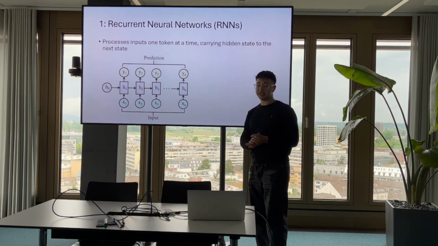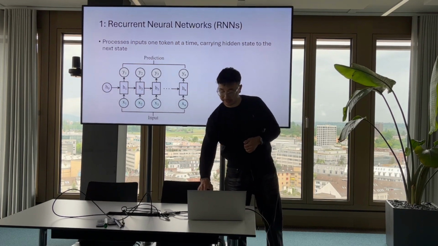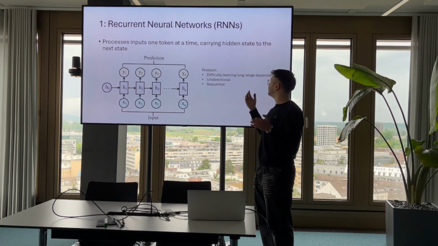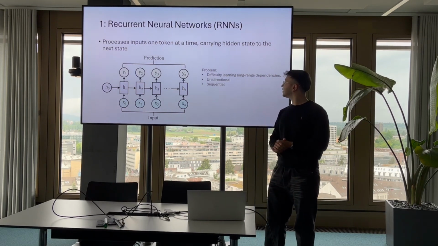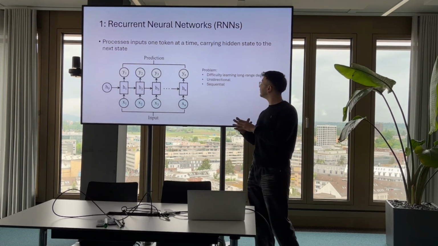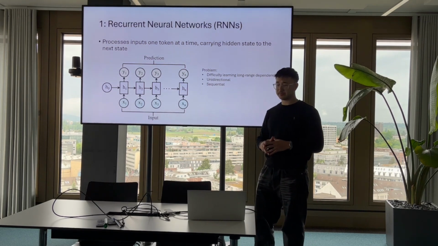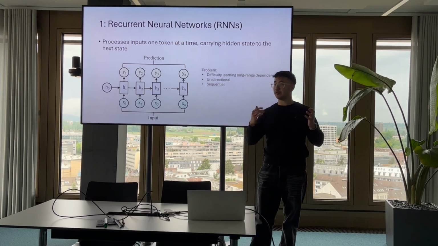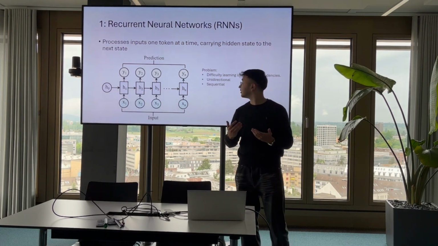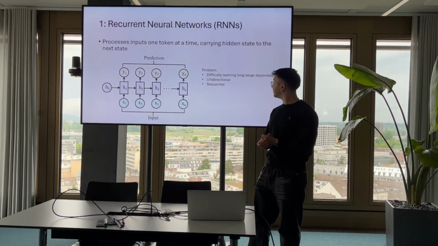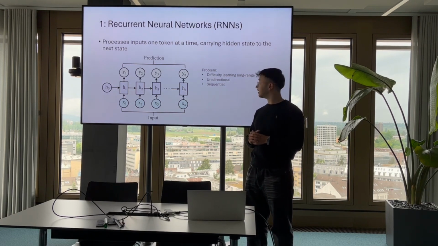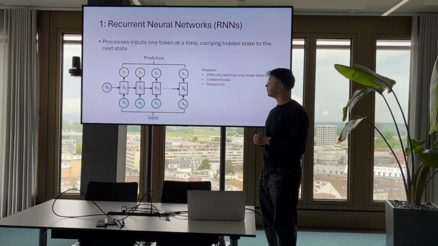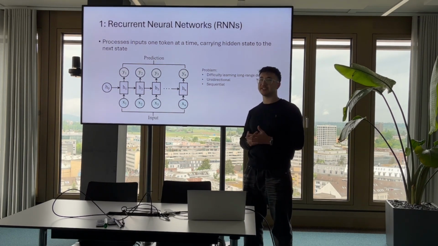You have seen it already, I'm not gonna explain it in more detail, but the problems here are difficulty learning long-range dependencies, and it only goes in one direction, because if you look at a sentence, you always want to look in both directions to capture the full context. This is very important. I'm gonna mention this later in more detail. And lastly, it's sequential, so it's very slow and doesn't scale well.